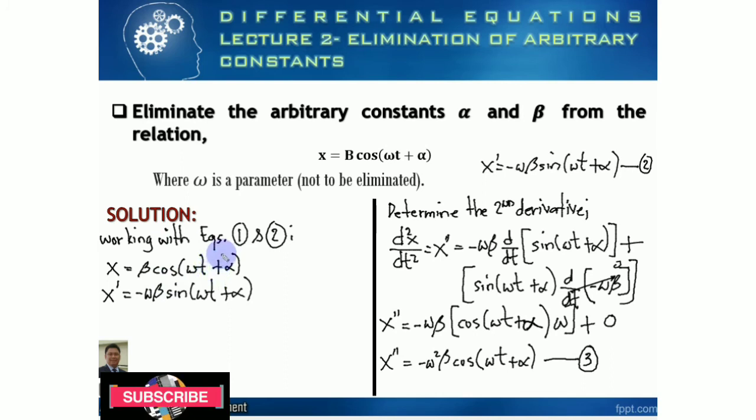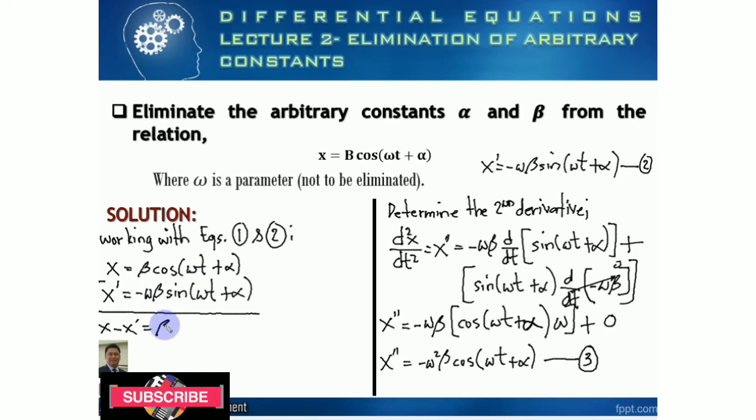Okay, so after this one we are going to take a difference here. So if we are going to take a difference here, x minus x prime is just equal to this term minus this term below.